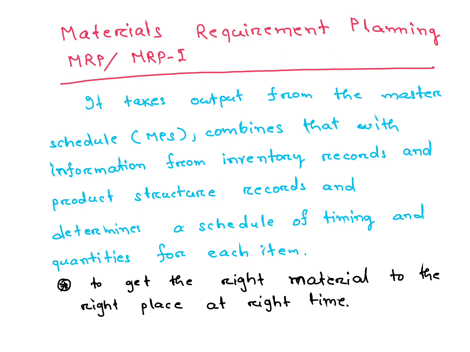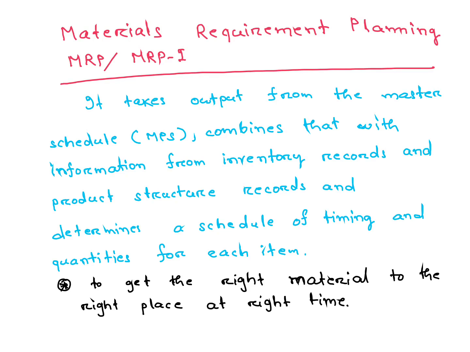Then materials requirement planning or MRP1. Sometimes they are calling it MRP1. It takes output from the master schedule or MPS, combines that with information from inventory records and product structure records, and determines a schedule of timing and quantities for each item.